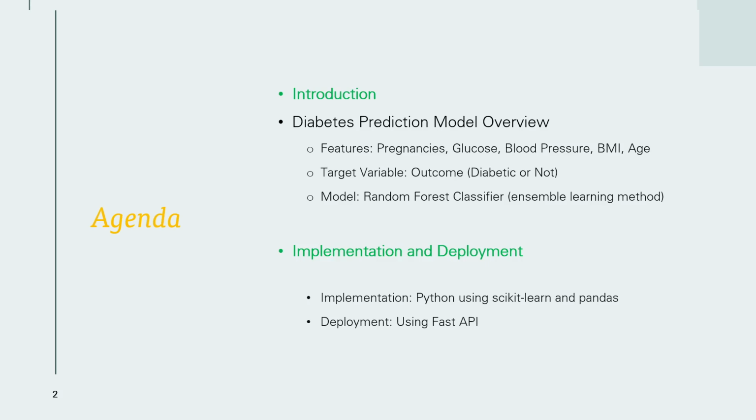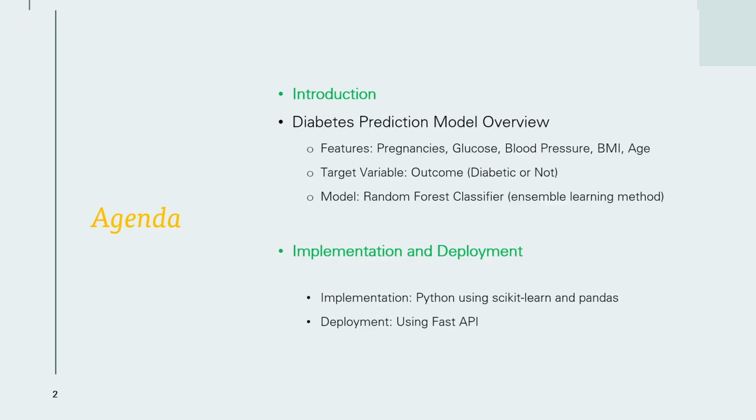Okay, so those are pregnancies, glucose, blood pressure, BMI and age. These are our independent variables, and our dependent variable would be one that is nothing but your outcome. So it would have only whether the patient is diabetic or non-diabetic.